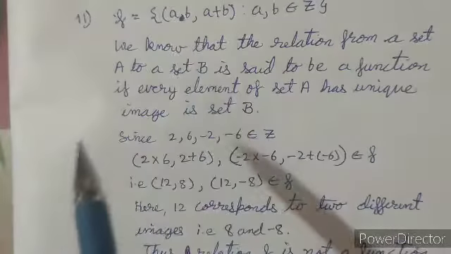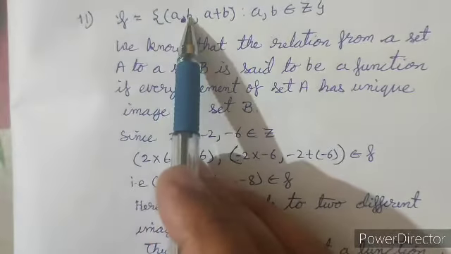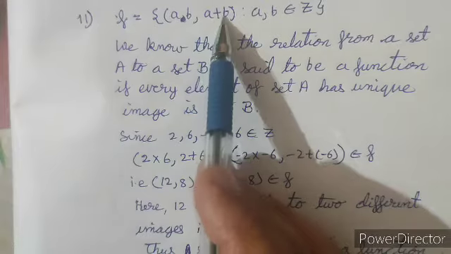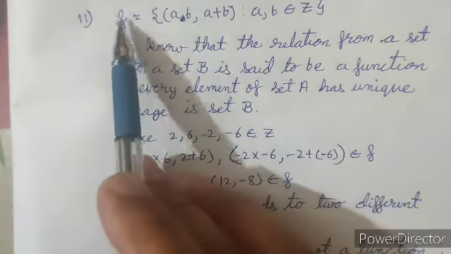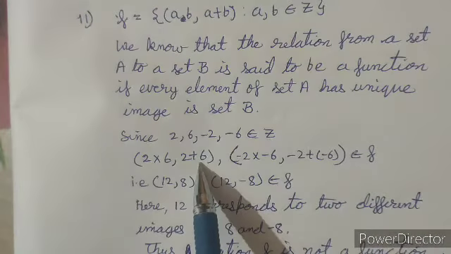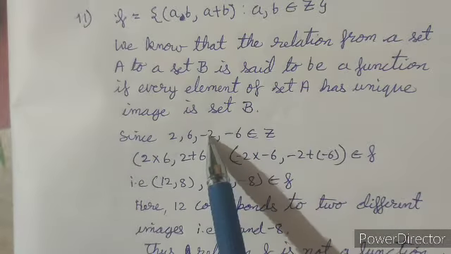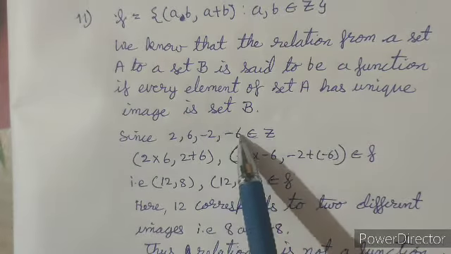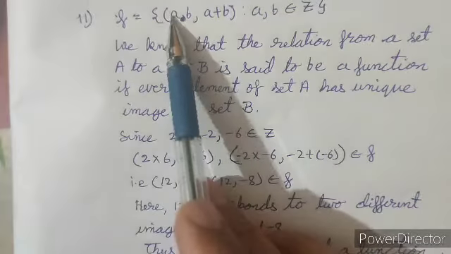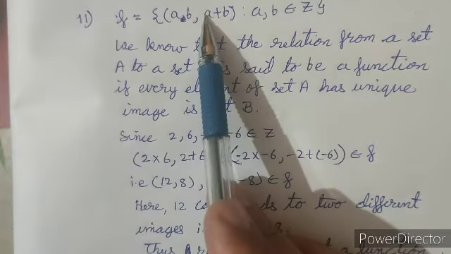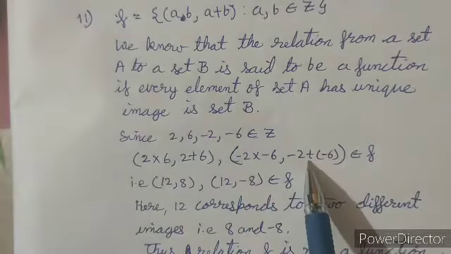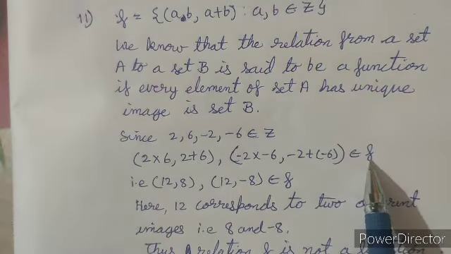Now, if you take 2, 6, then 2 into 6 and 2 plus 6 belongs to f, and in case of minus 2, if we take minus 2 and minus 6, then minus 2 into minus 6 and minus 2 plus minus 6 belongs to f.